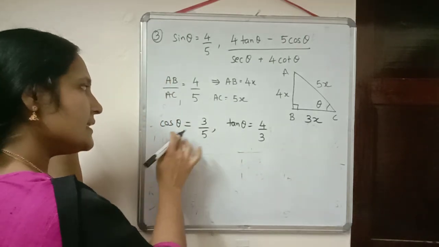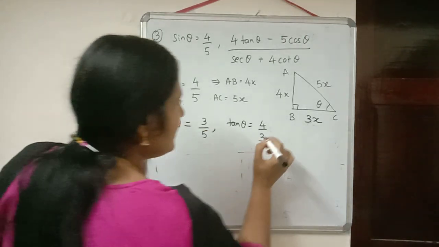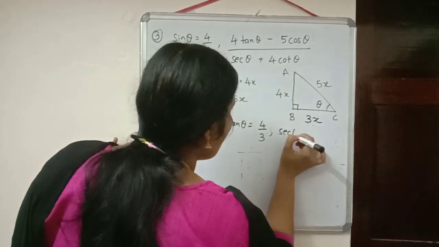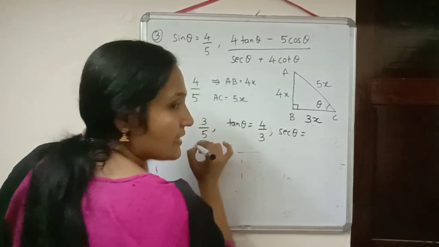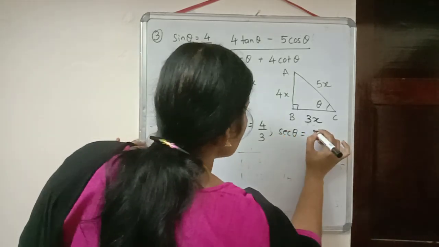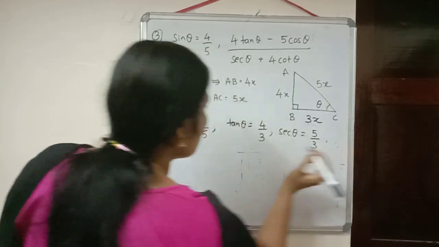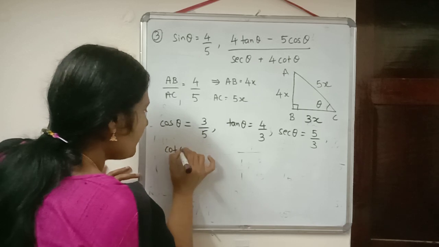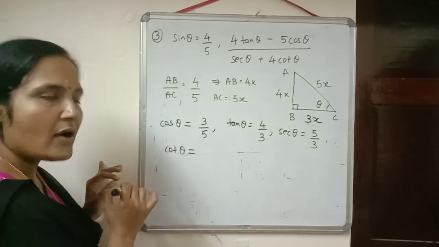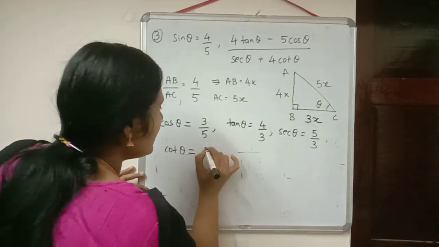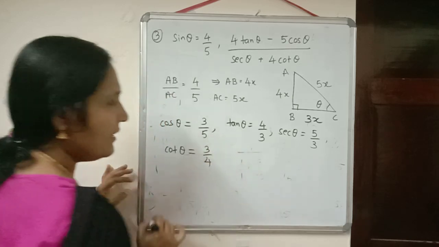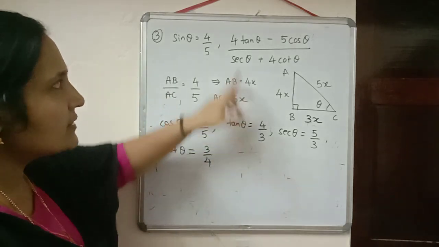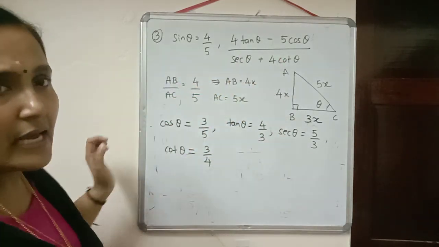Now, if cos theta is 3 by 5, what will be sec theta? Sec theta will be the reciprocal of cos theta. So sec theta is equal to 5 by 3. And what is the reciprocal of tan theta? Cot theta. So cot theta will be equal to 3 by 4. So now we have all the trigonometric ratios which are required.